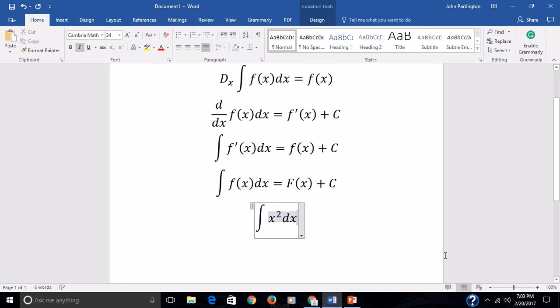So we're going to take the integral of x squared dx. Now this is going to be reverse power rule.